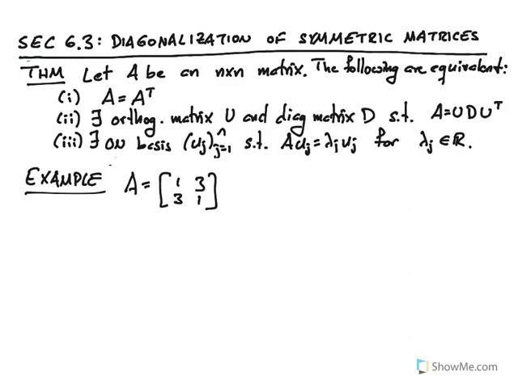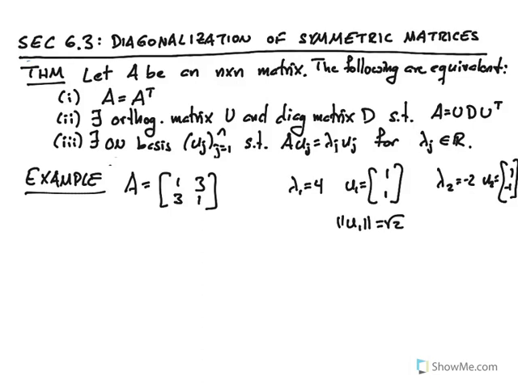So let's look at this matrix. A is the matrix 1, 3, 3, 1. And you can easily compute the eigenvalues and the eigenvectors. There's one eigenvalue that's 4, and this corresponds to the eigenvector 1, 1. And the other eigenvalue is -2, and that corresponds to the eigenvector 1, -1. Actually, we needed to scale them, orthonormal I said, so notice that the way I wrote it, u1 has length √2.